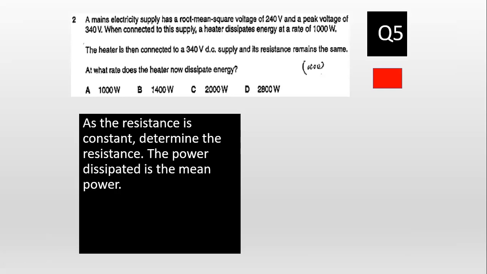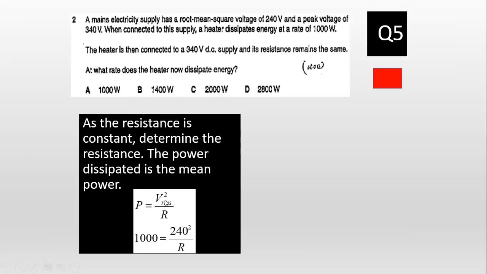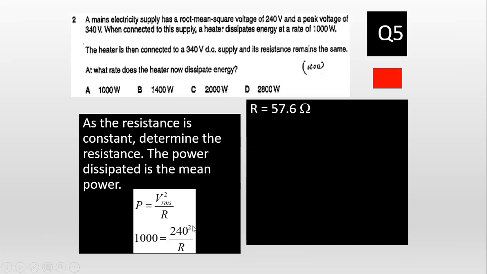So the first thing is to determine the resistance first. Power dissipated is the mean power. Right, so the mean power is root mean square V square divided by R. You are given the heater is 1000, this is the mean power. Written down there, the mean power is 240 volt square over R. Find your R first. Then apply it here.